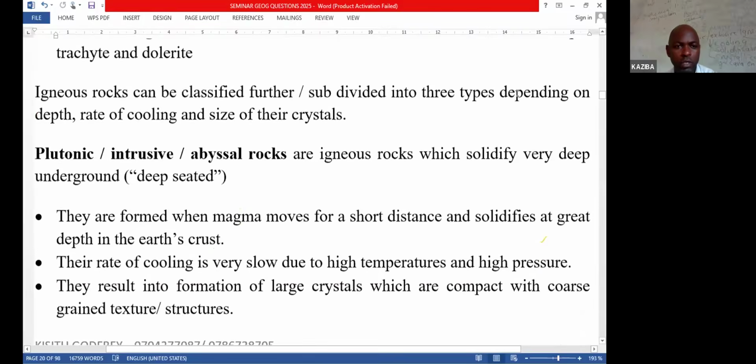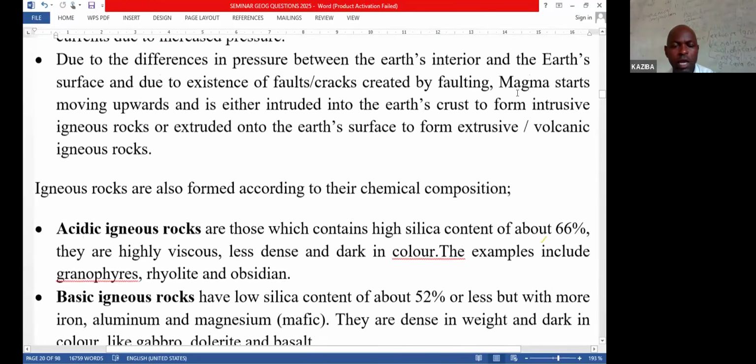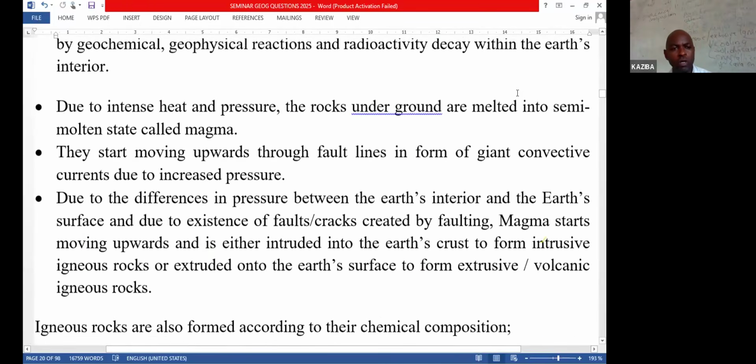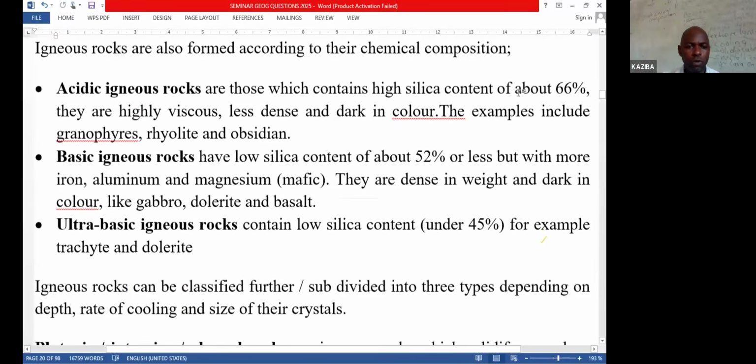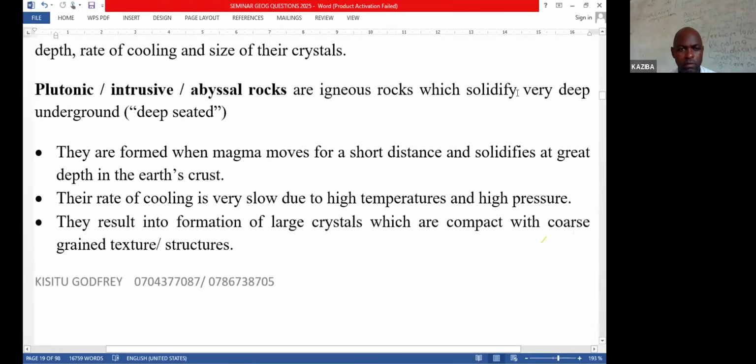So you have intrusive or plutonic rocks. They're called intrusive or plutonic. They're also called abyssal. How are they formed?